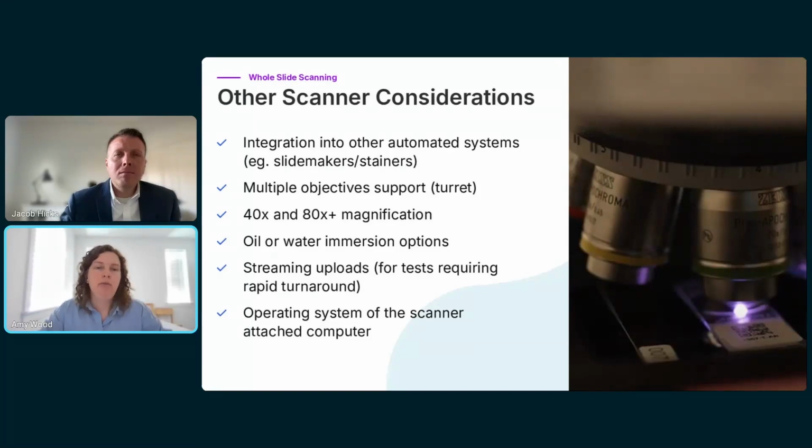And this is really important for tests that require a fast turnaround time, like frozen section. So that can be a key deciding factor there. Another is the operating system that's attached to the scanner computer, making sure that that will integrate well with the IT of the lab, and also making sure that we have the security requirements that the lab's interested in.